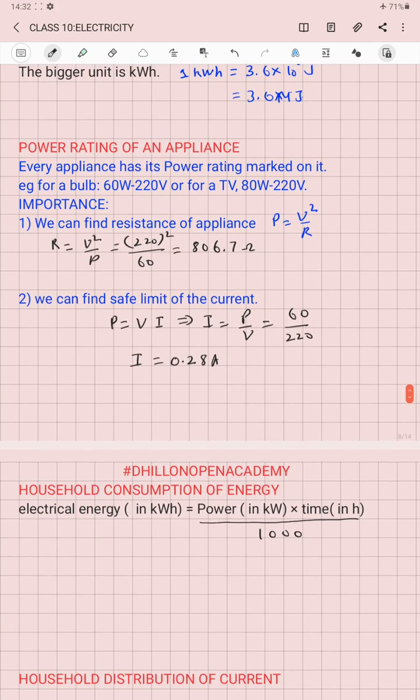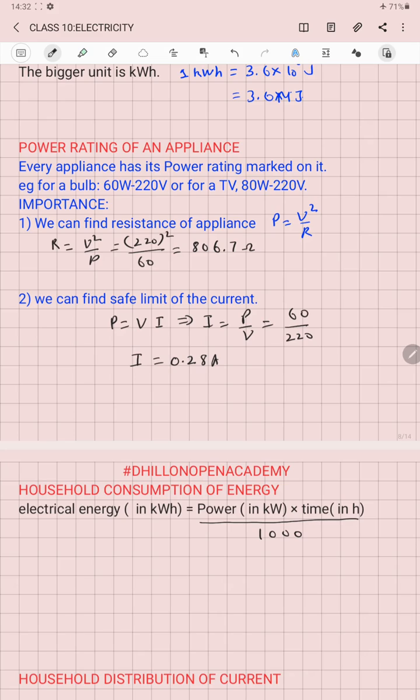Next is household consumption of electrical energy. Whenever we calculate household consumption of electrical energy, for example the monthly bill for the consumption of energy, this energy is always calculated in the unit of kilowatt hour, that is the commercial unit of electrical energy.